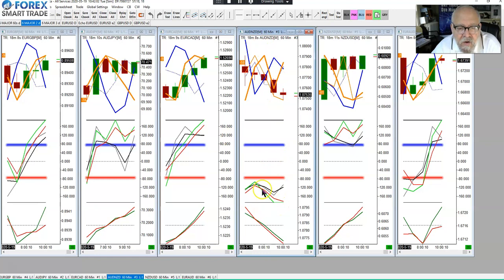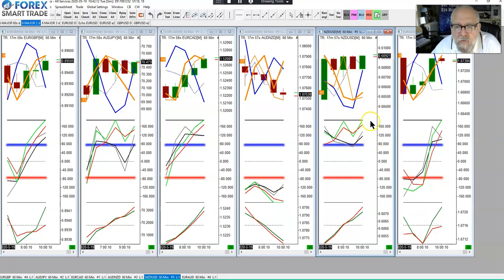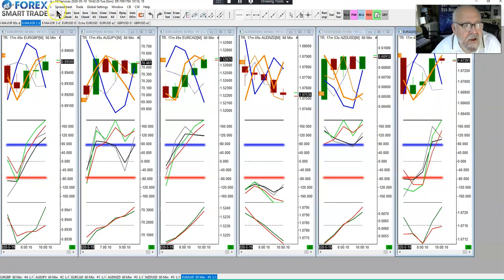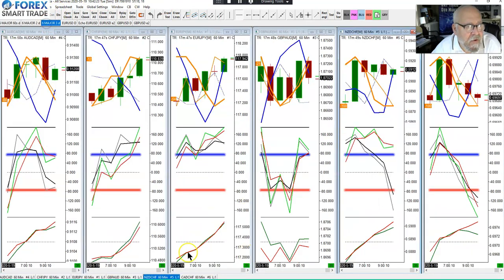Australian New Zealand dollar, oversold. Minors are pointing up, majors aren't there yet. New Zealand USD, overbought, pointing up. Euro AUD, overbought, pointing up. So nothing on those 12.